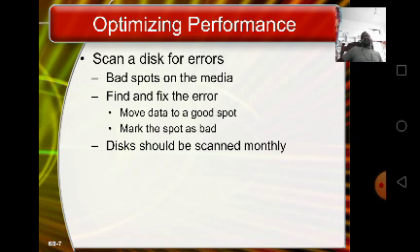A disk error can be a bad spot on the disk's physical surface, or it can be a piece of data that cannot be accounted for. Scanning a disk can be a time consuming process, but if the disk has errors, scanning may be able to fix problems and improve performance.